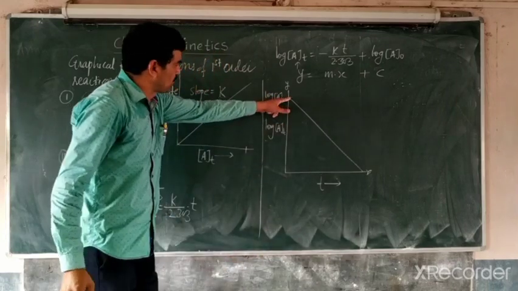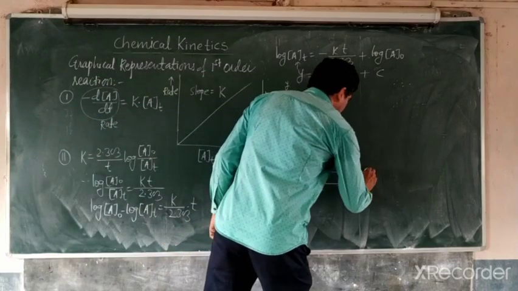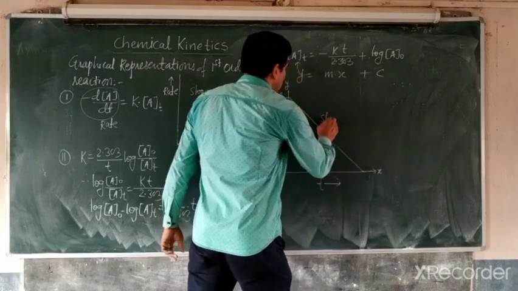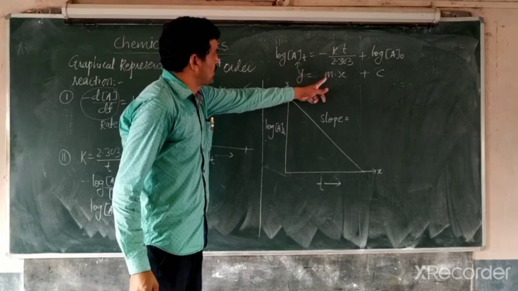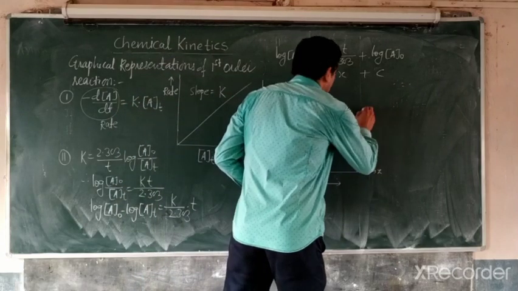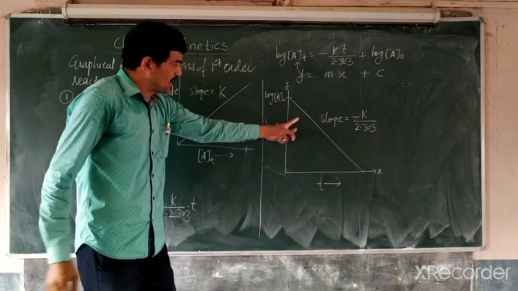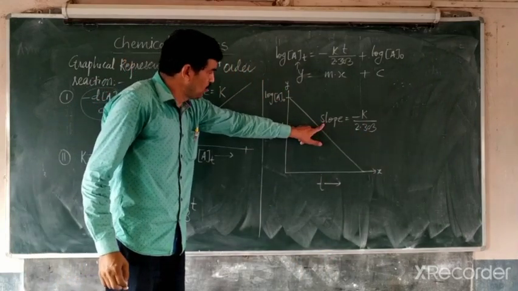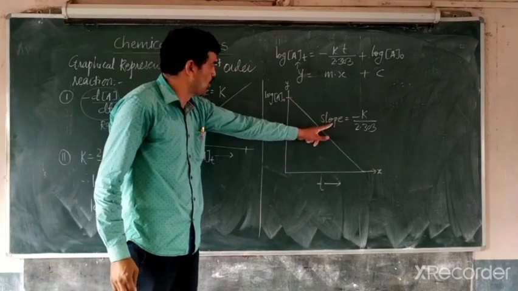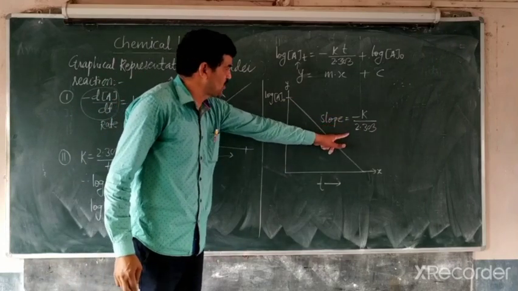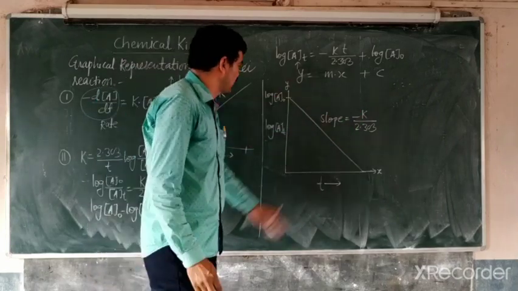The slope of this straight line is equal to m, that is minus k upon 2.303. Now the slope is itself negative, so the negative and negative get cancelled, and after getting the value of slope, we can solve the equation and obtain the value of k. In this way we can obtain the rate constant of the reaction.